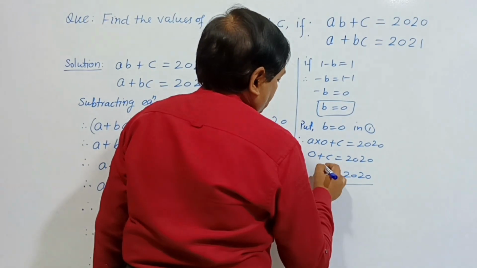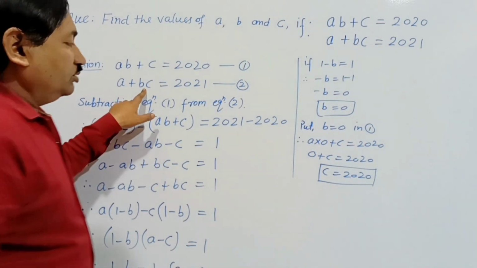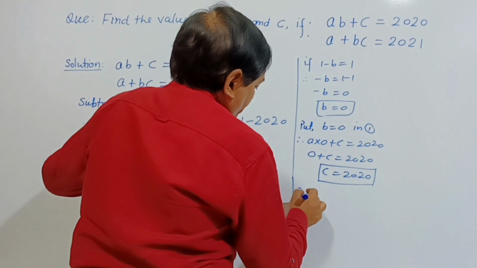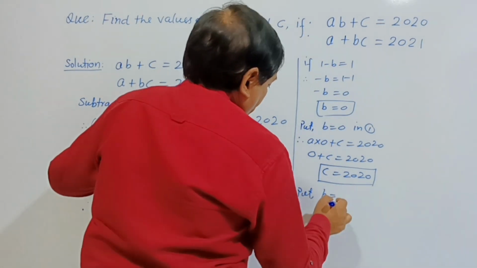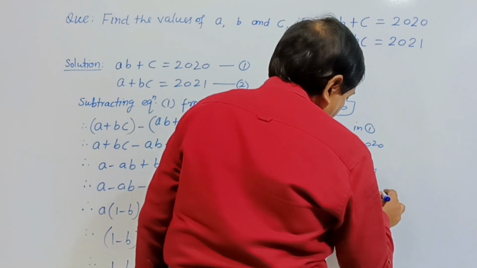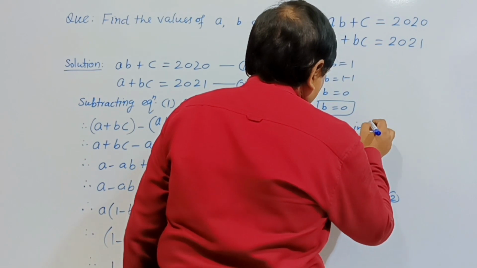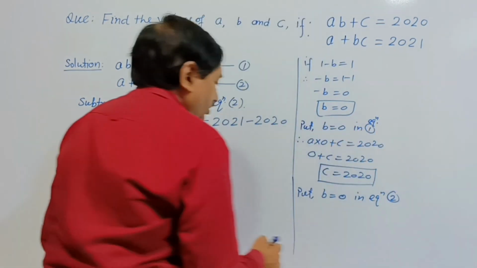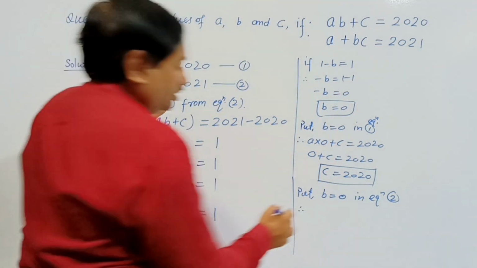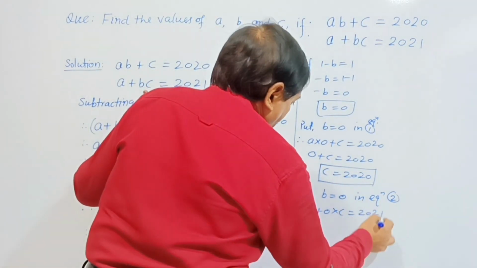This is the value of C. Now put B equal to 0 in the second equation: A plus 0 into C equals 2021.